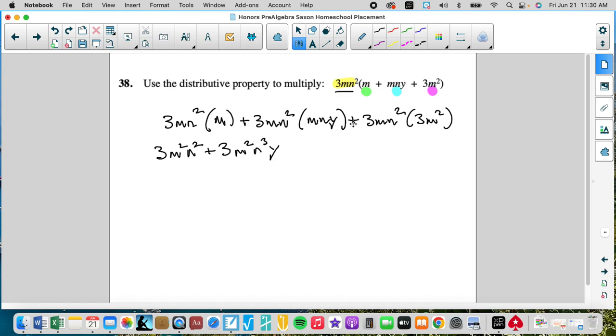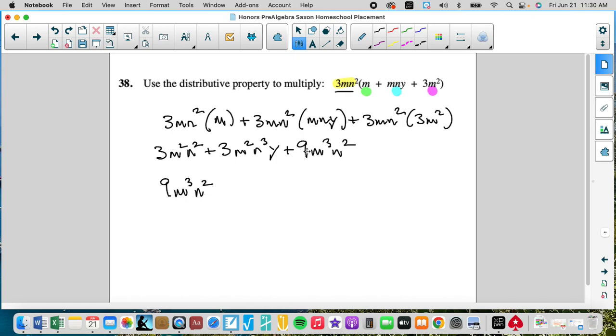And then the y. Multiply coefficients, that's 9. Like bases, m to the third, and then n squared. Now, I'm going to put it in standard form. We look at the first variable of each of the terms. m squared, m to the third. m to the third is going to come first.